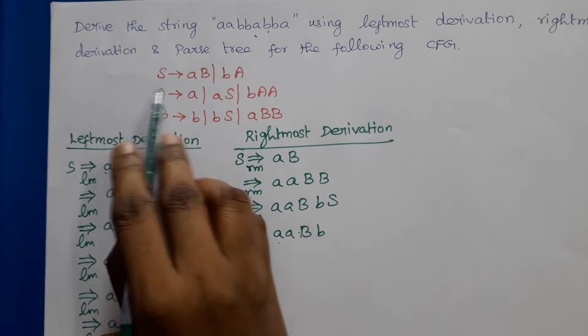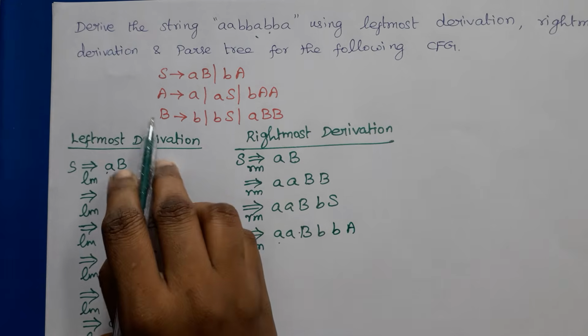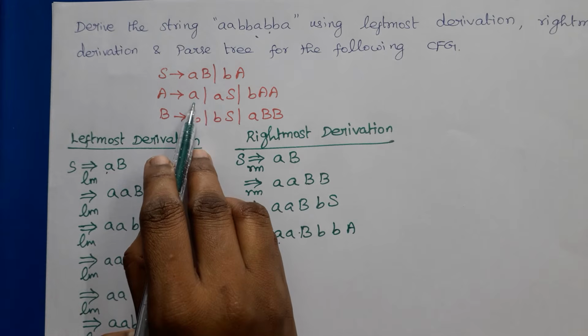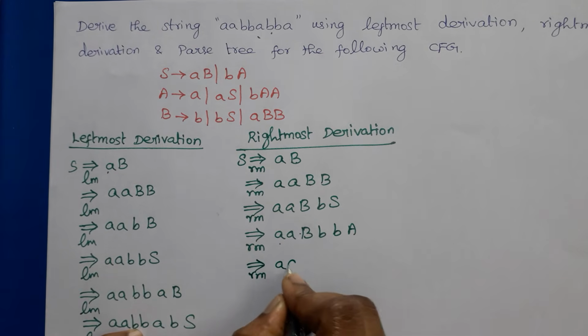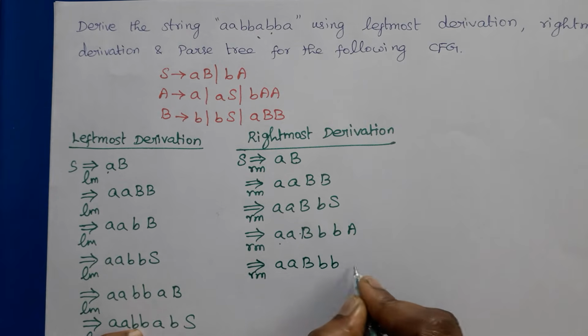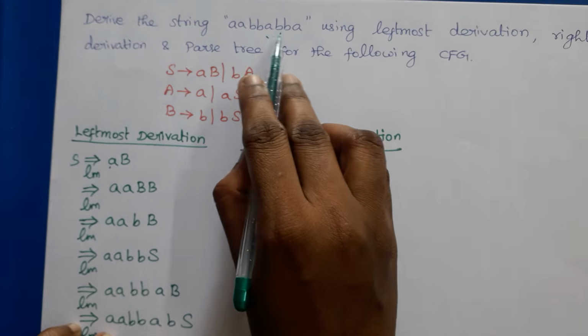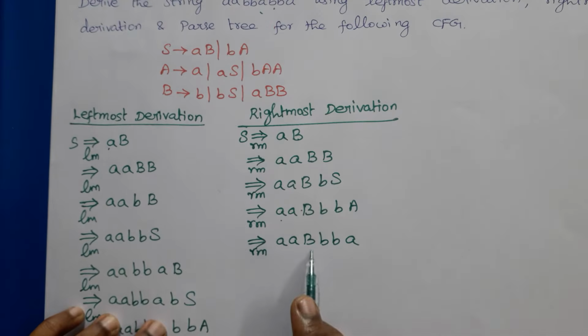So S must be replaced by BA, right? And this A is the rightmost variable. This A can be replaced by a, the first production. So AABBBA. Now we have got the first two symbols and the last BBA. So now we need to retrieve BBA from this B.